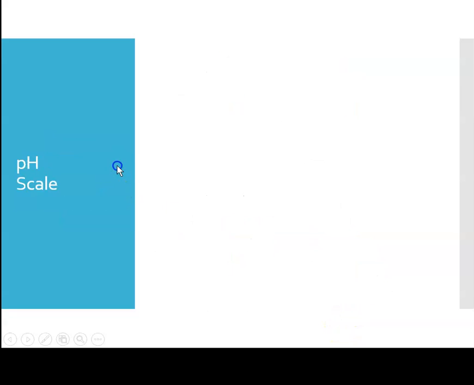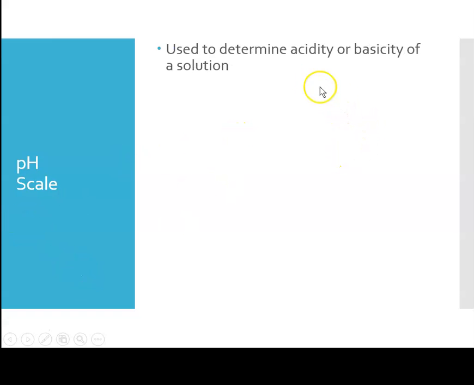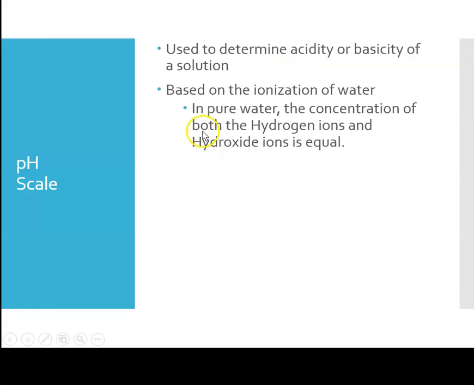Now that becomes very important as we go to the pH scale. The pH scale is used to determine the acidity or the basicity of a solution, or the alkalinity, as some will say. Based on the ionization of pure water, the concentration of the hydrogen ions and the hydroxide ions will always be equal as long as it's pure water.